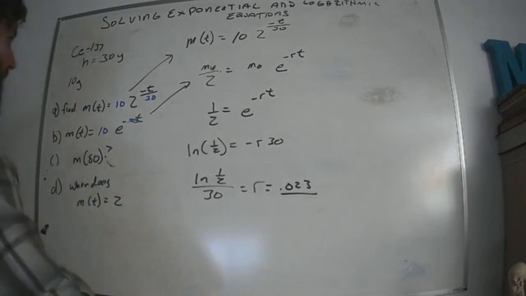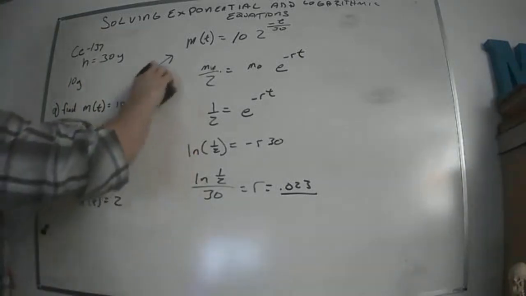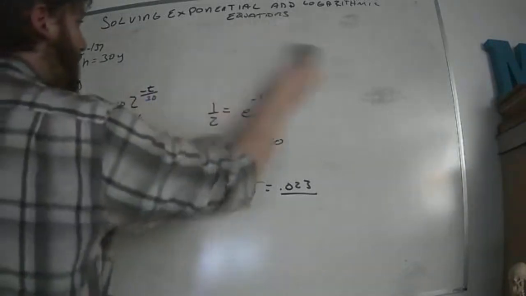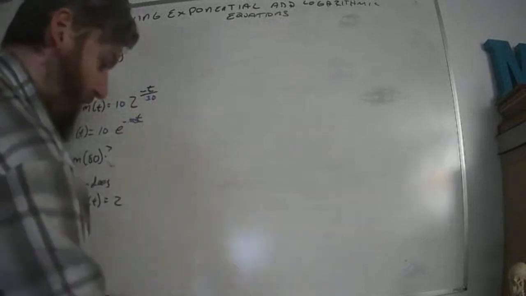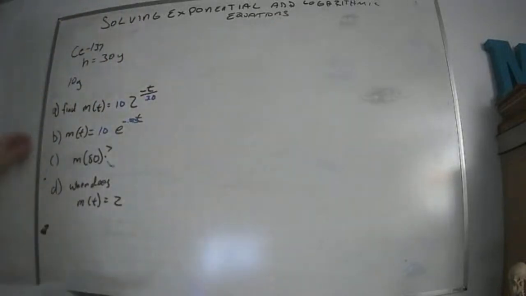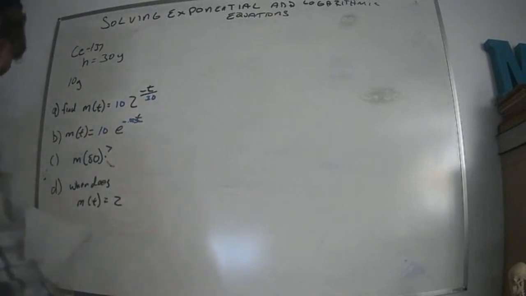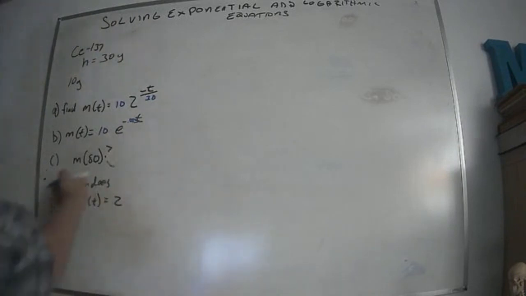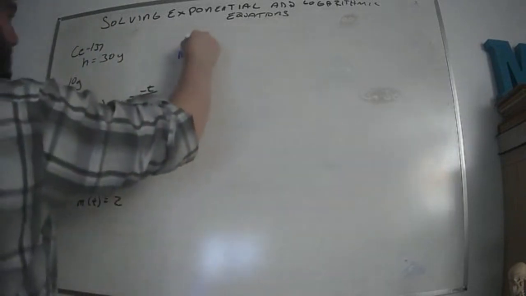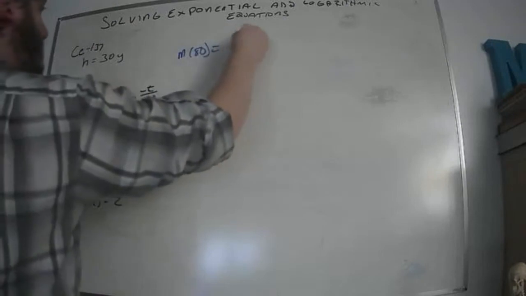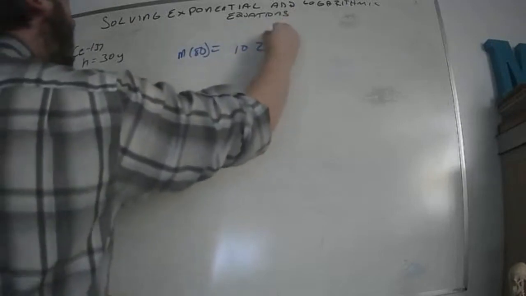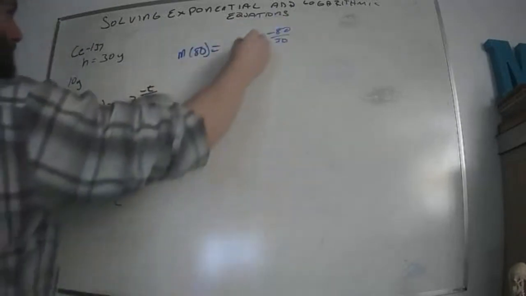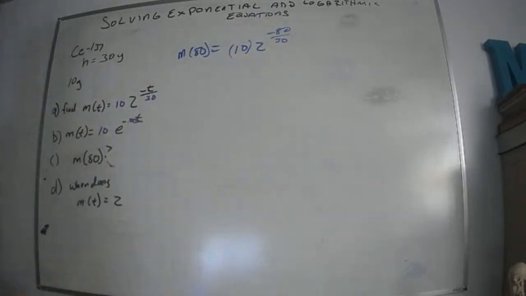So let's solve part C using both of these equations. Part C is, what is m of 80? So I write m of 80 equals 10 times 2 to the minus 80 over 30. Well, that's simple. I just plug those numbers in.